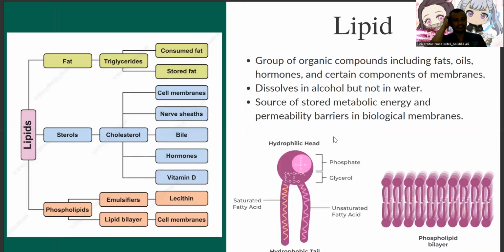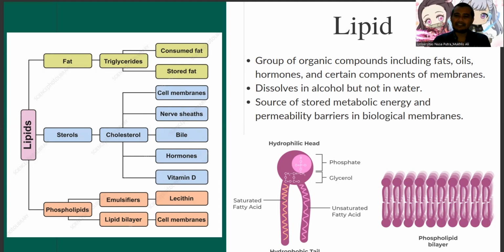Okay, the next one is lipid. If we talk about lipid, we talk about fat, sterol, and phospholipid. Lipid is actually a group of organic compounds which we can find as fats, oils, hormones, and certain components of membranes.